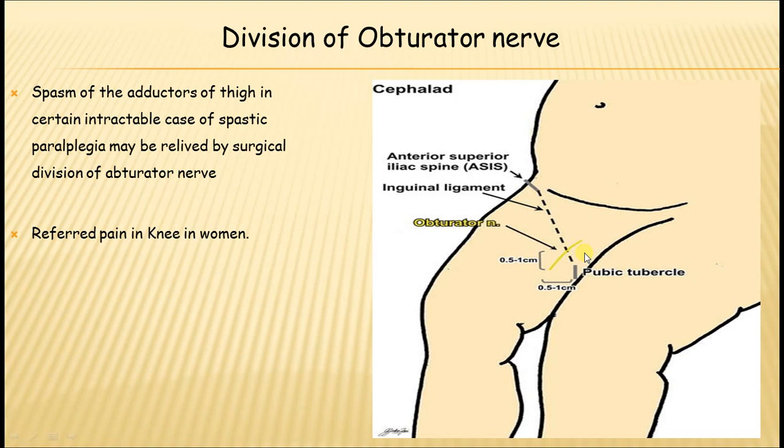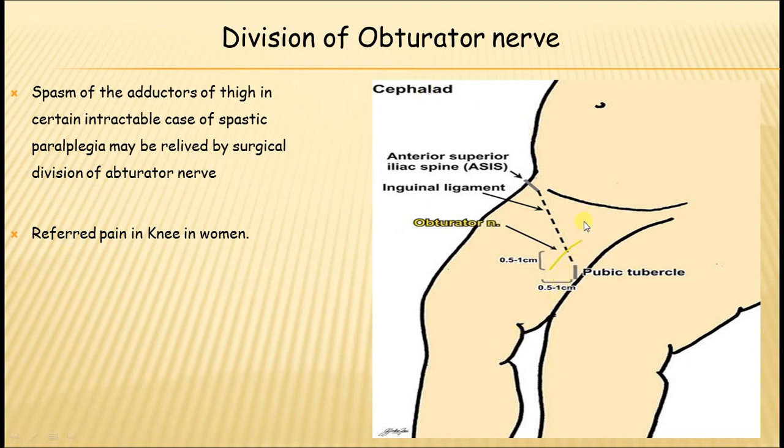Any inflammation of the ovary, what happens is you feel referred pain along the medial side of the thigh and also on the medial side of the knee joint. In the knee joint and medial side of the thigh, you see the referred pain in case of women.